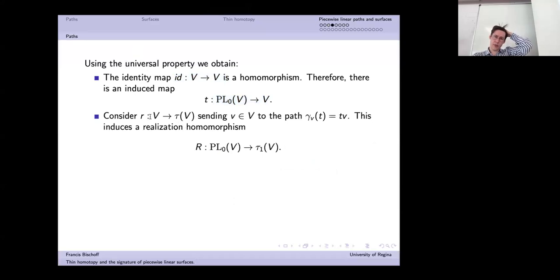Another example is you have a map from V into tau1 of V, which sends any vector to the straight line path. And this induces a realization homomorphism. So that's a way of viewing this algebraically constructed group of paths as a subgroup of this group of thin paths. Does that make sense?